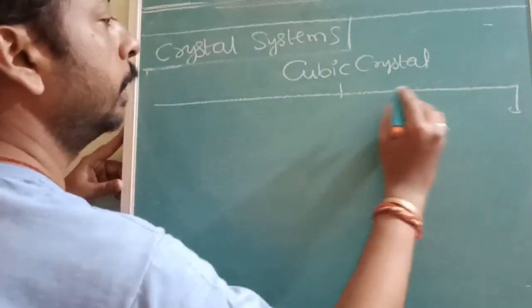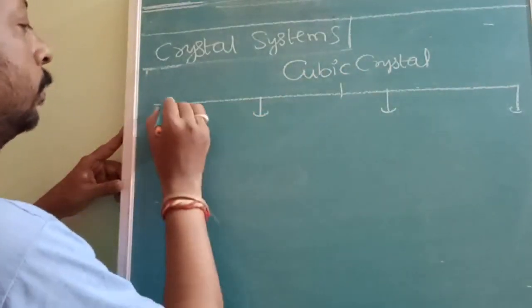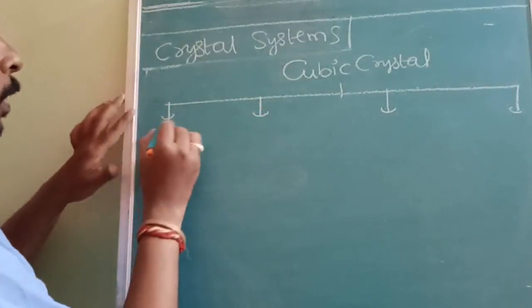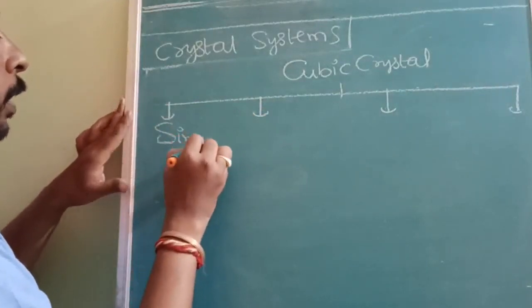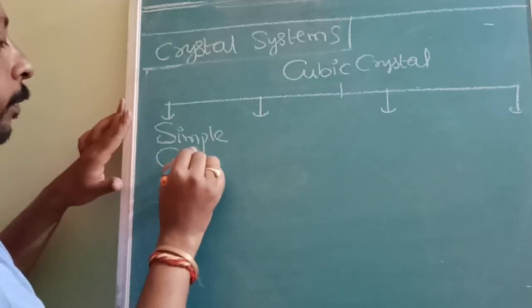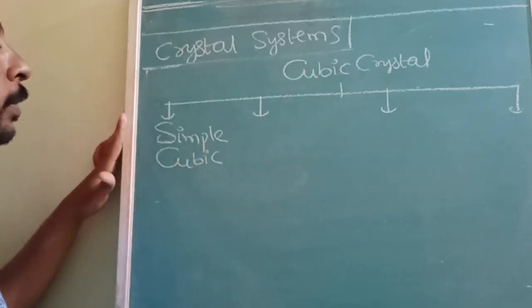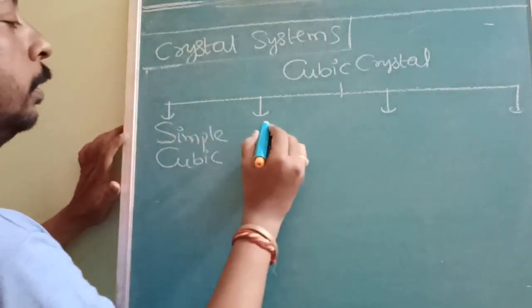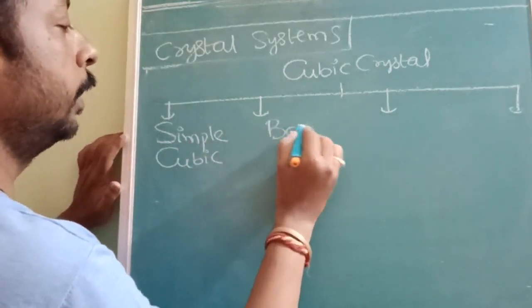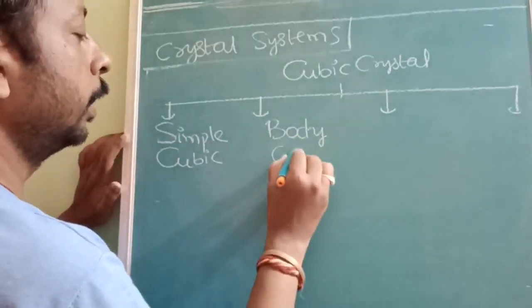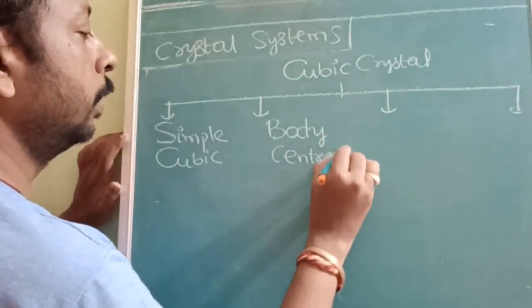The first one is simple cubic. Next one is body centered cubic.